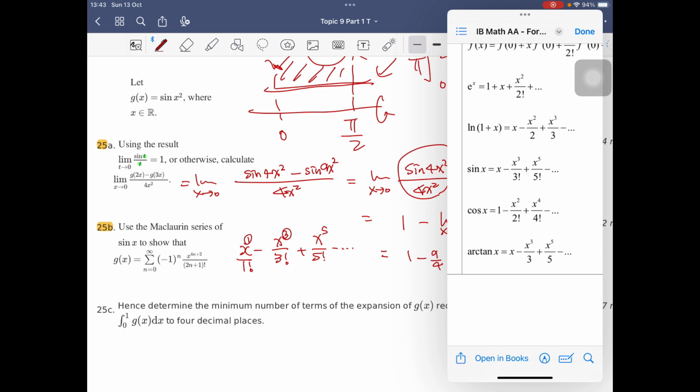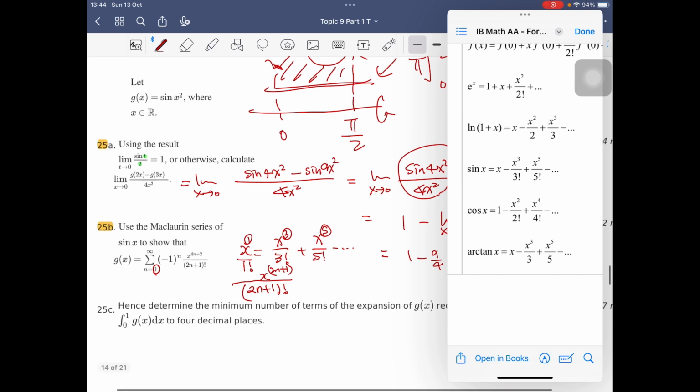Then 1, 3, 5, because we already studied the arithmetic sequence and also the general form for odd numbers. So when we start from 0, we can say 2n plus 1. So factorial, and this has the same 2n plus 1.